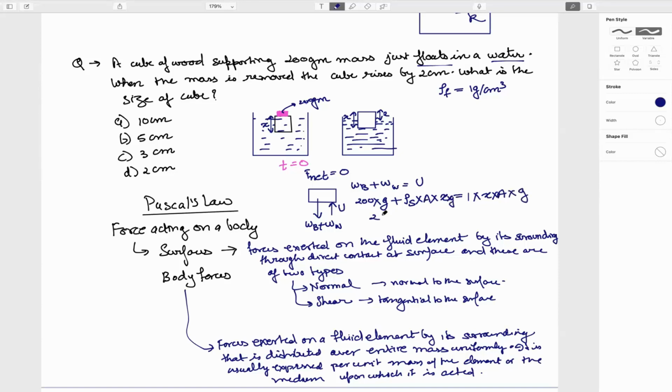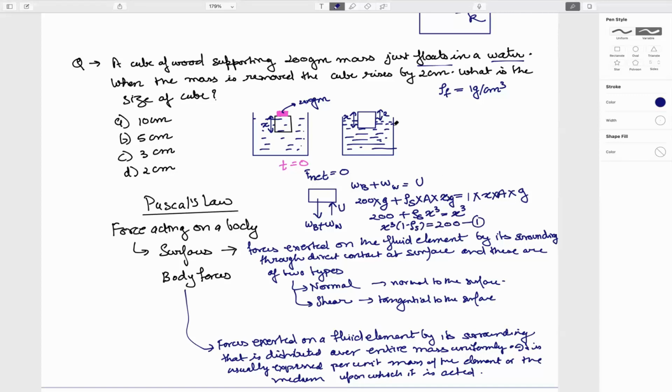It will come 200 plus rho S into x cube, since it's a cube, A is x square, is equal to x cube, as it is also completely immersed. So it comes out to be x cube into (1 minus rho S) is equal to 200.